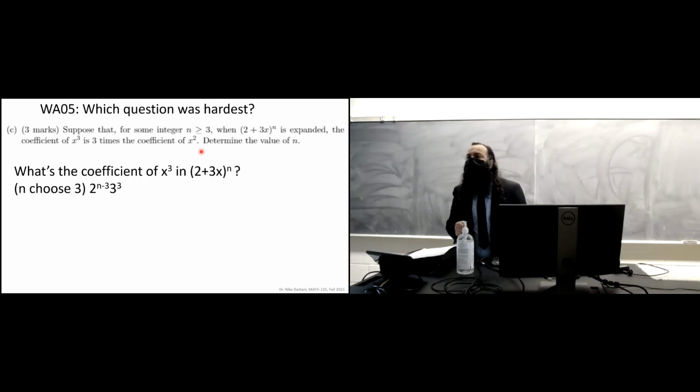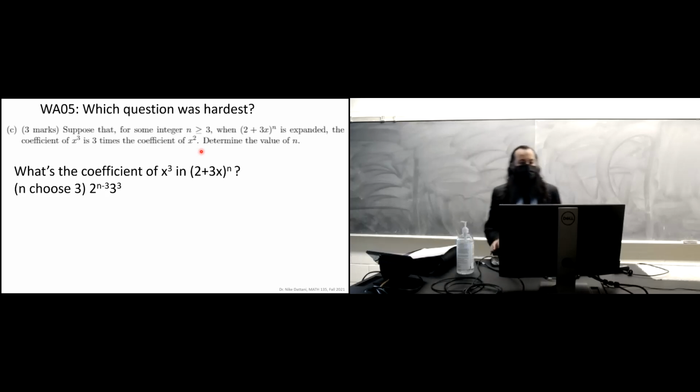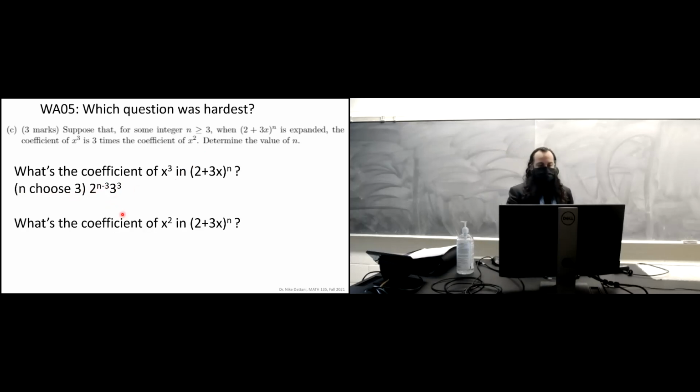It would be n choose 2 times 3x squared. Why is there no 3x cubed over here? Without the x. Okay, so n choose 2 times 2 to the n minus 2 times 3 squared. All right, what's the coefficient of x squared in this? n choose 2, 2 to the n minus 2, 3 squared.